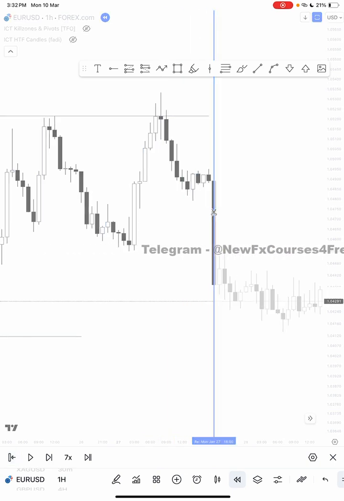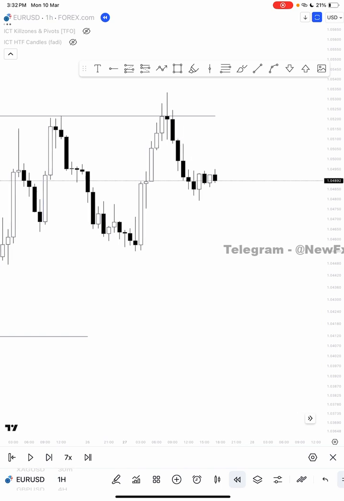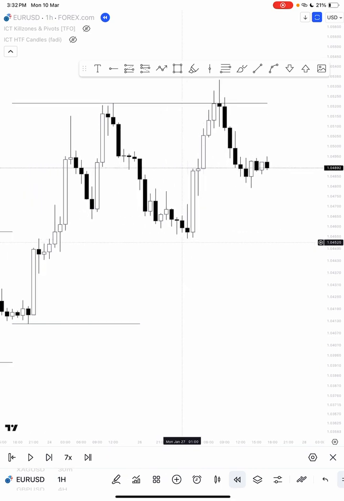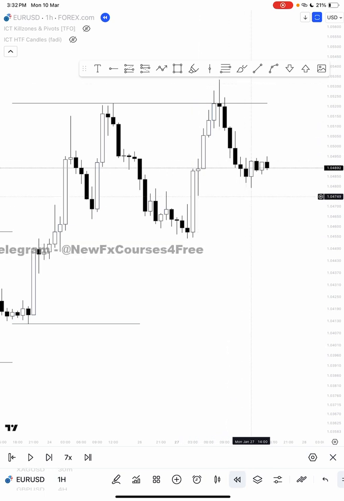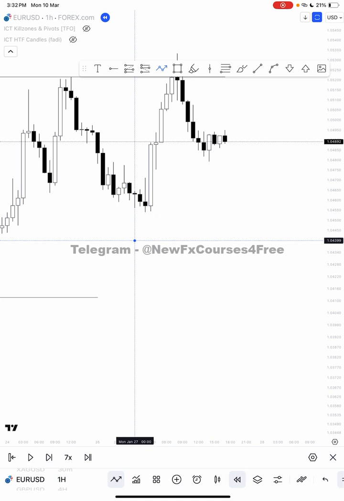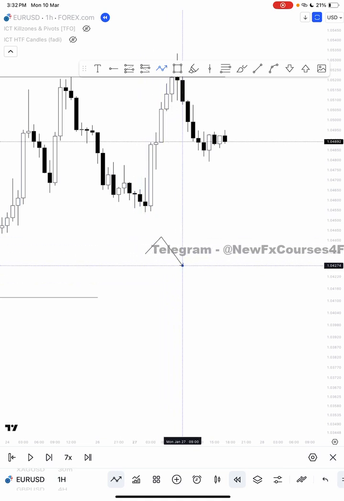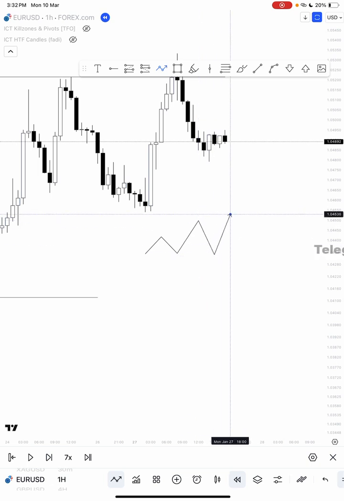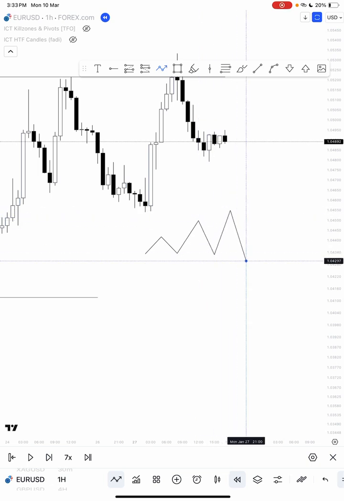Okay. This was Monday's low. Went lower first, went higher, went lower.